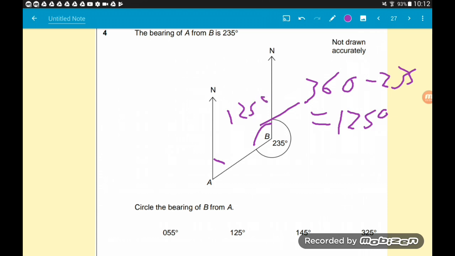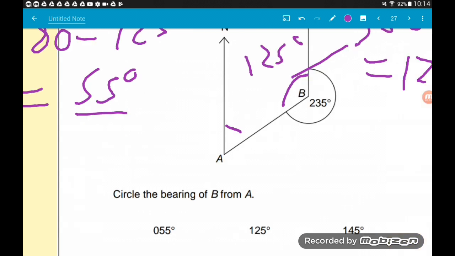Then we know our angles are co-interior, so to work out the bearing of B from A, we're going to do 180 minus 125, which will give us 55 degrees. And again, remember, bearings are always in three figures, so it's 0, 5, 5 degrees as a bearing.